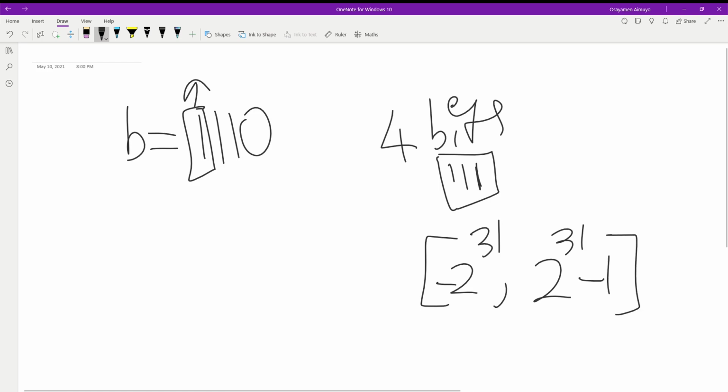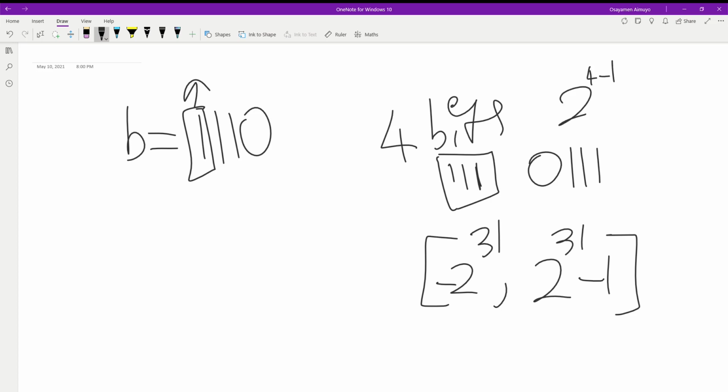All right, so it's within this interval, integers for computers, right? So basically, you see that for 4 bits, the maximum positive number you can have is this, which is 2 to the 4 minus 1 minus 1, right?